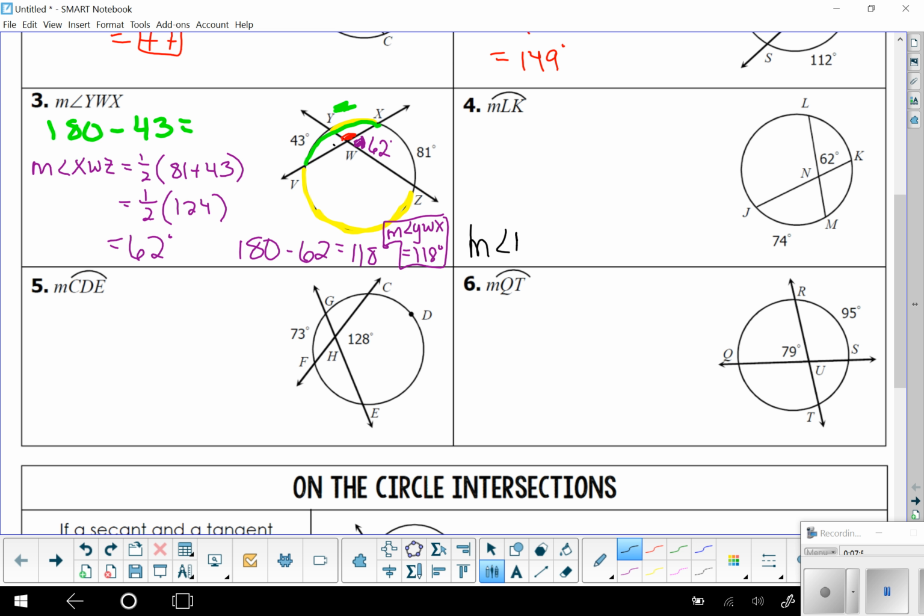The measure of angle LK. Oh, we want the arc now. We want this guy. This is not a central angle. So maybe we should do this one.